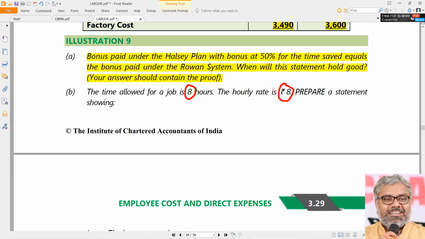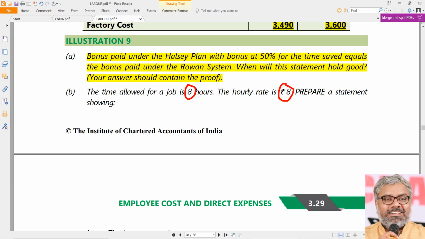Normally the time allowed for a job is 8 hours. Let us say if the employee has saved 1 hour, the time taken would be 7 hours. If he saved 2 hours, then the time taken will be 6 hours. Like that, 5, 4, 3, 2, 1.